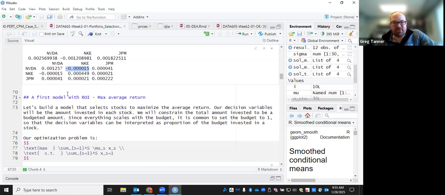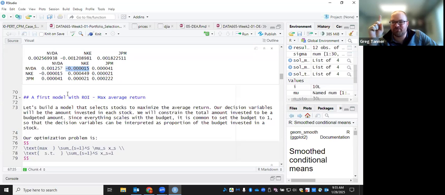So our first model, let's just try to maximize the return. We're going to maximize the amount of return subject to a budget of money that we want to invest. We could make the budget $1,000 or $1 million, but what's pretty common is to just set the budget to 1. By doing that, we can interpret our decision variables, instead of as dollars invested, as proportions of our budget.